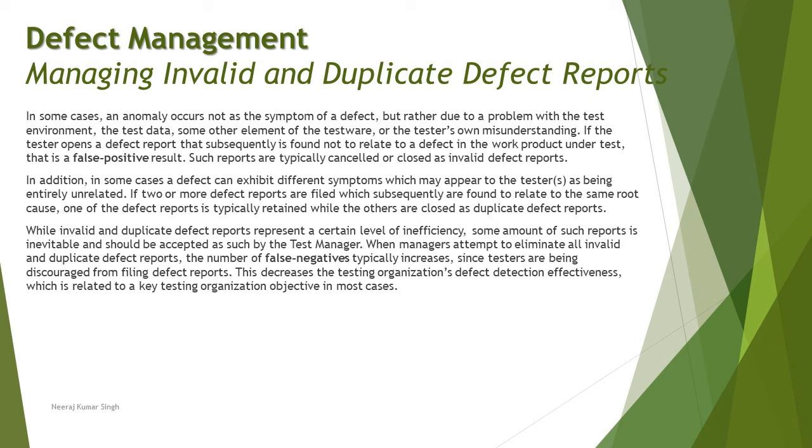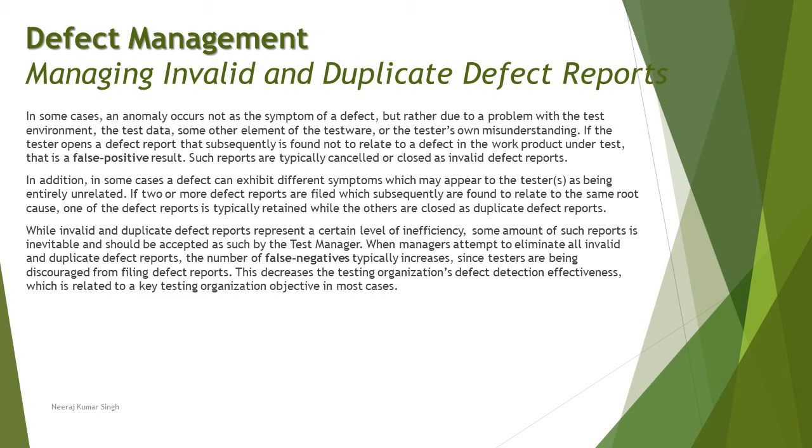So we generally encourage our test team to report as many defects as possible, but for the test manager, it is important to target and manage the invalid and duplicate defect reports. Because if we do not manage them, we are pushing unwanted things to the development team, increasing the rework duration and decreasing efficiency.